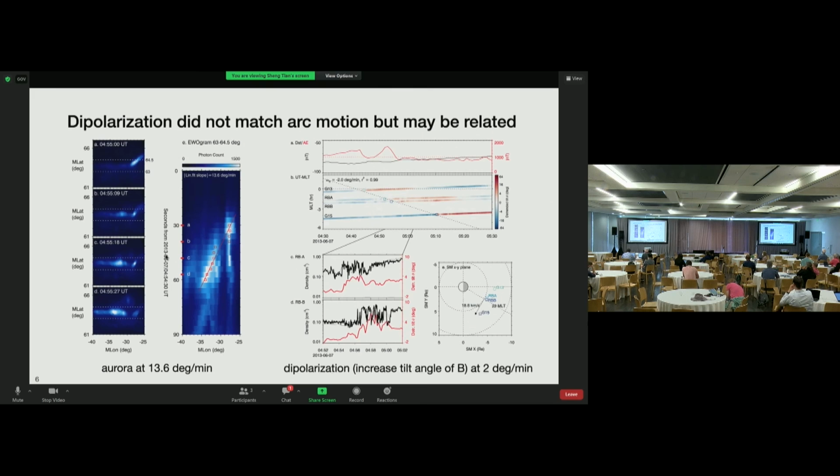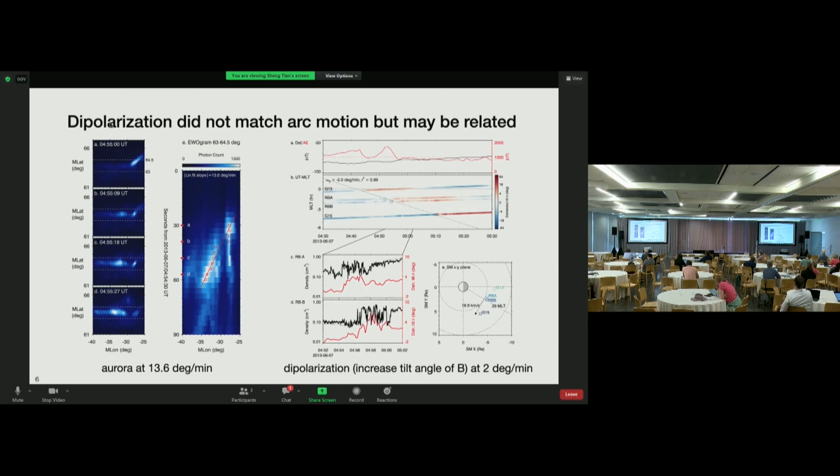On the left, I'm showing you how we determine the westward motion of the auroral arc. It's about 13 degrees per minute. This speed is much faster than the dipolarization we observed here, which is only 2 degrees per minute.